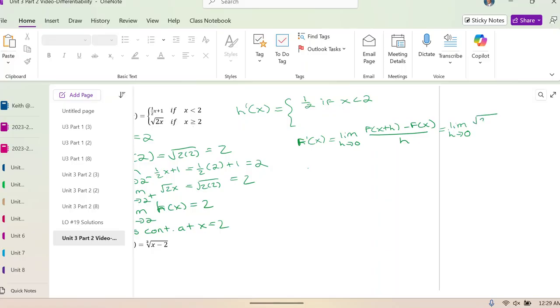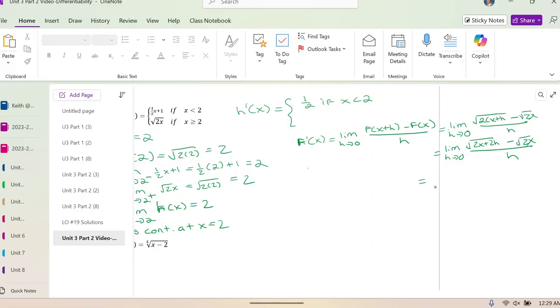of the square root of 2 times x plus h minus the square root of 2x all over h. So now it's going to be the square root of 2x plus 2h minus the square root of 2x all over h. So if we put 0 in for h, notice we would get 0 over 0.